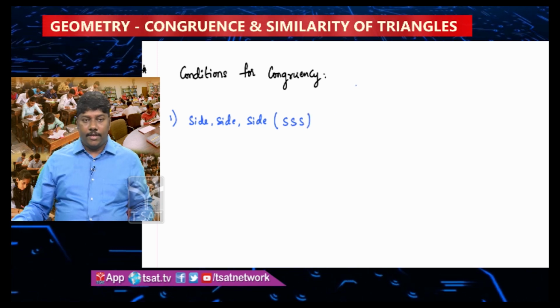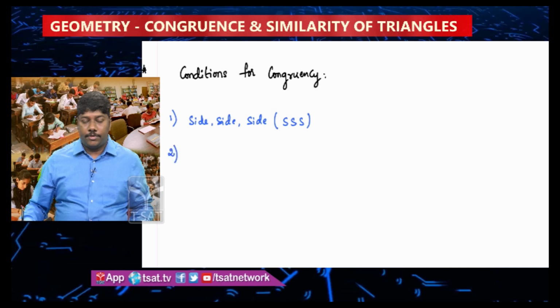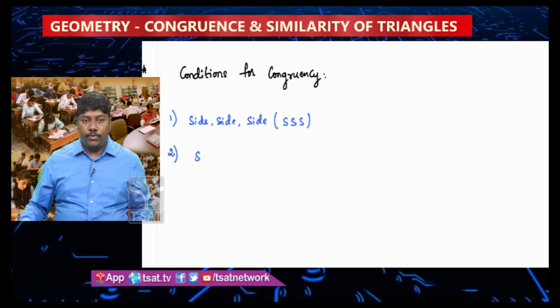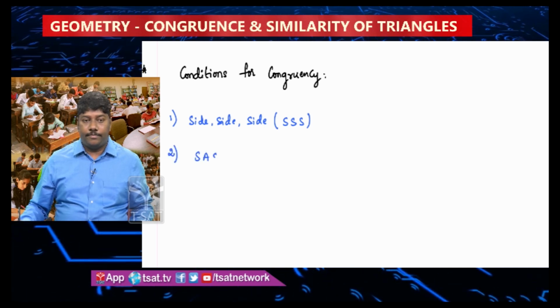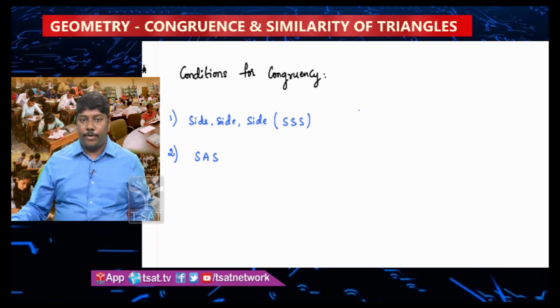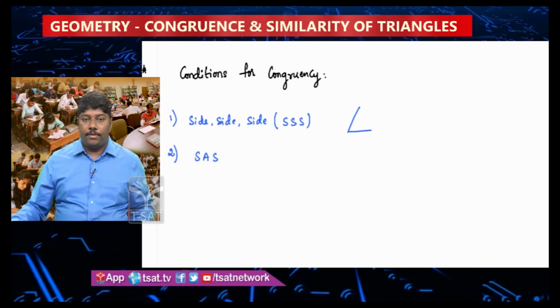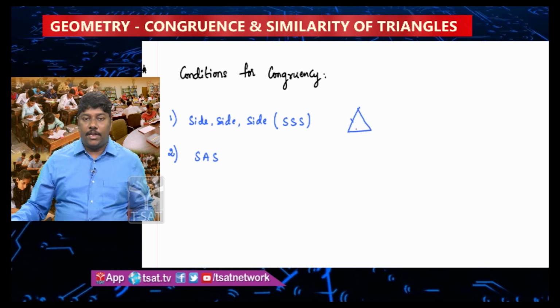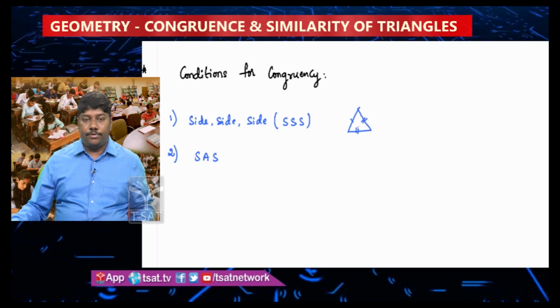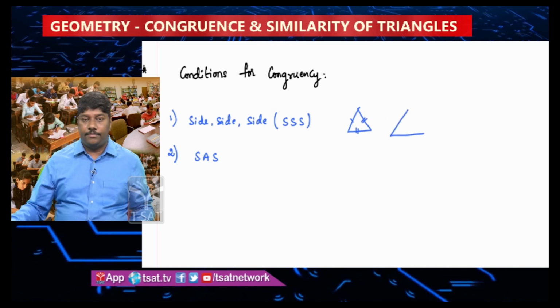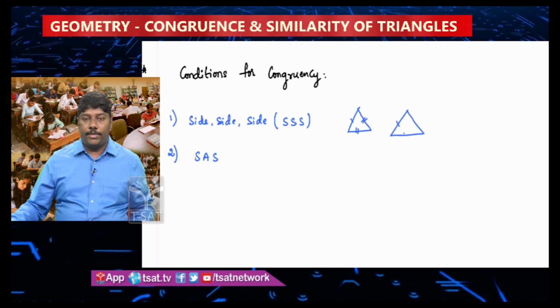Then you say they are congruent triangles. Second, two sides and the corresponding angle. The first one, if you know that three sides of one triangle are equal to three sides of another triangle, we say that it is congruent.